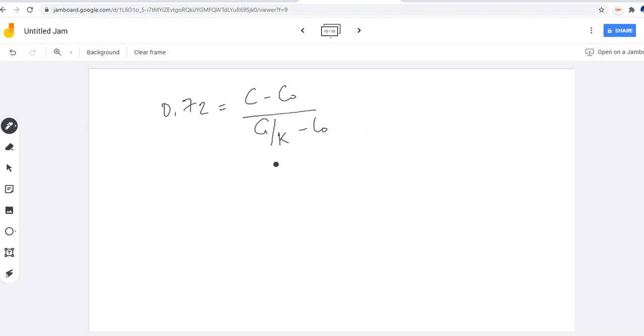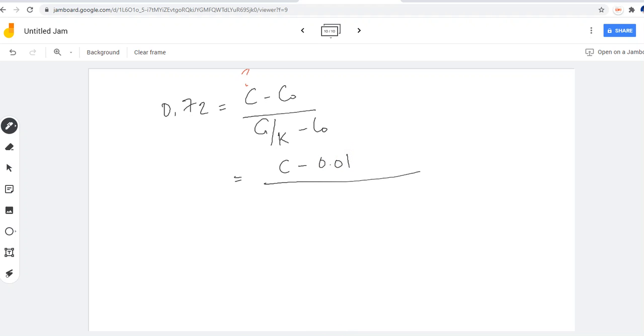And this formula. Now we're after this C. We will just need to substitute everything so that the only remaining unknown there is the C. So we'll have a 0.72 on the other side. Your C0 is the concentration of the infinite slab, and that's 0.01.